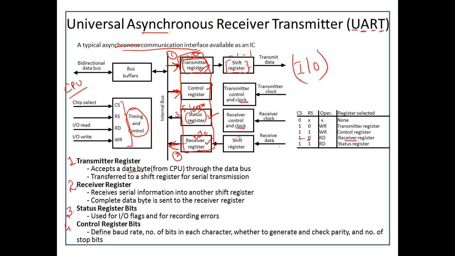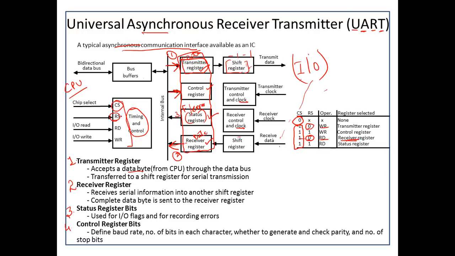We have already learned a similar kind of diagram in the previous session also. So chip select is there; if this is enabled, only then will the communication take place, otherwise it will not happen. Okay. Here we have a register select. Register select is one bit only. If the value of register select is 0, it can perform both read and write. So it will be able to receive the data from the input output peripheral and to transfer the data back from the CPU to the input output peripheral.